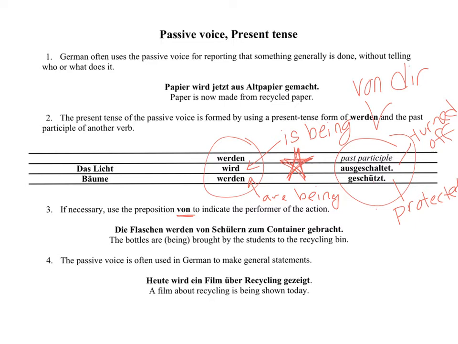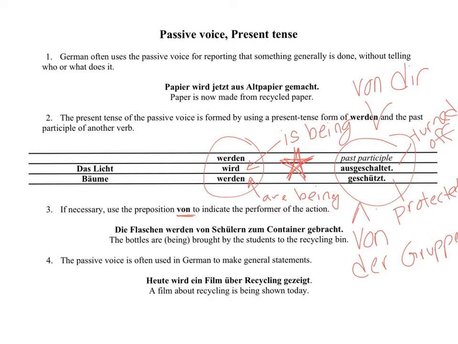Or if trees are being protected, maybe, again, they're being protected by you or by the group. Maybe there's a group that works to save the environment. So von being a dative preposition, instead of die Gruppe, it would become der Gruppe. Bäume werden von der Gruppe geschützt.